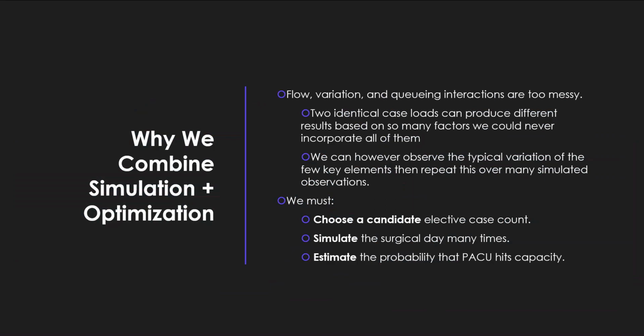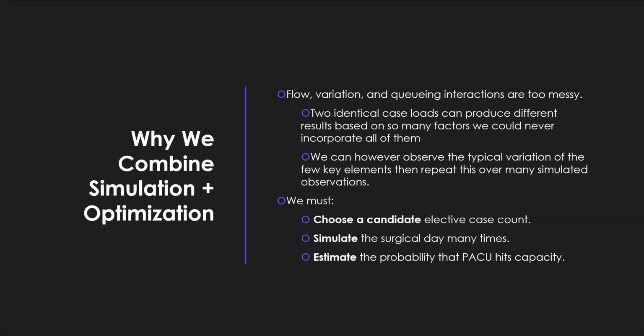So we need to know flow, variation, and wait times. They interact. We know they're pretty messy, which can have this issue of the identical caseload producing really different results. So we can observe the typical variation from all these key elements and simulate out into history, out into the future, what the probable futures are in order to choose and do this next thing.